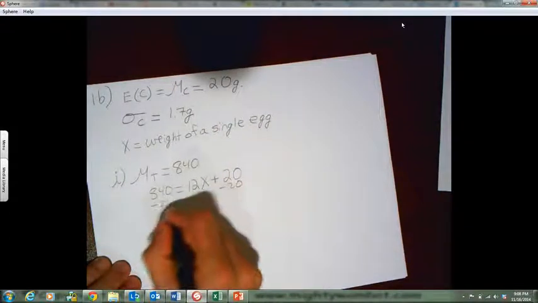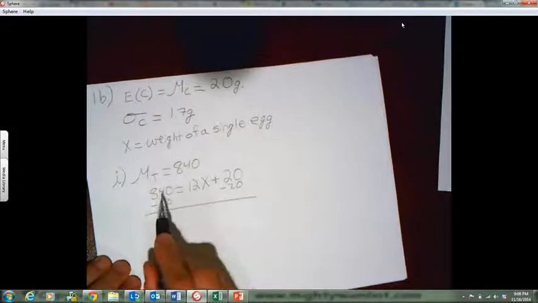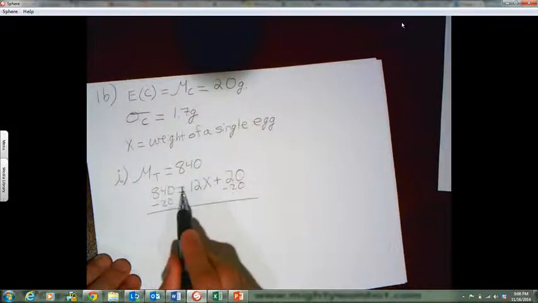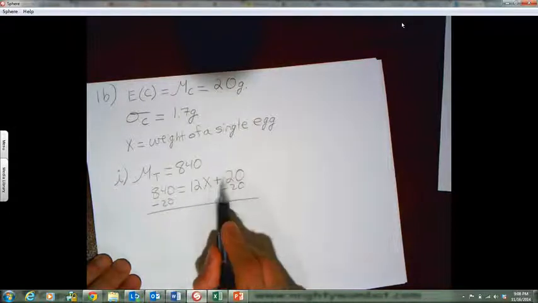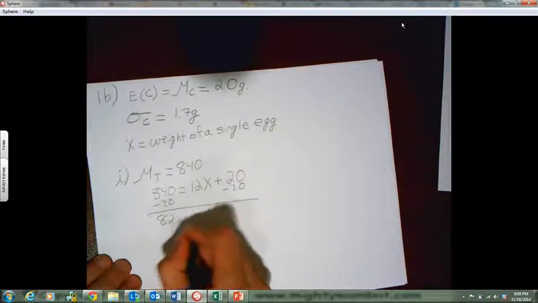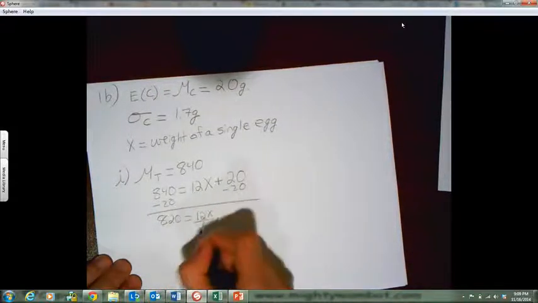Now minus 20 on both sides. Remember, 840 was the total container with the eggs, and that equals 12 times the weight of the eggs plus 20, the weight on average of the empty carton. So 820 equals 12x, divided by 12.